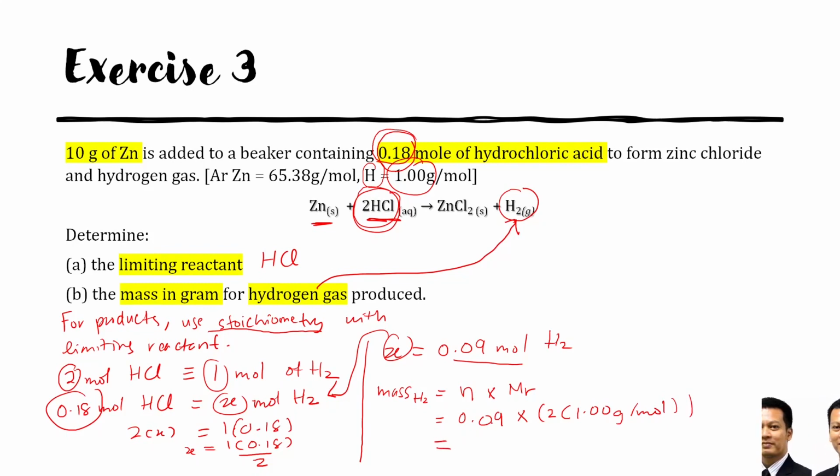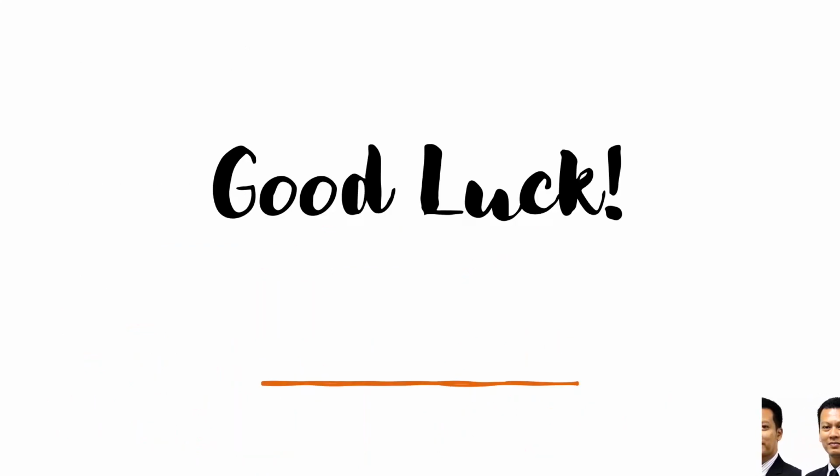So calculate using your calculator and you get 0.18 gram. Okay, so that is how to answer question B. After this, try to do some exercise about this topic, and good luck. That's it. Bye.